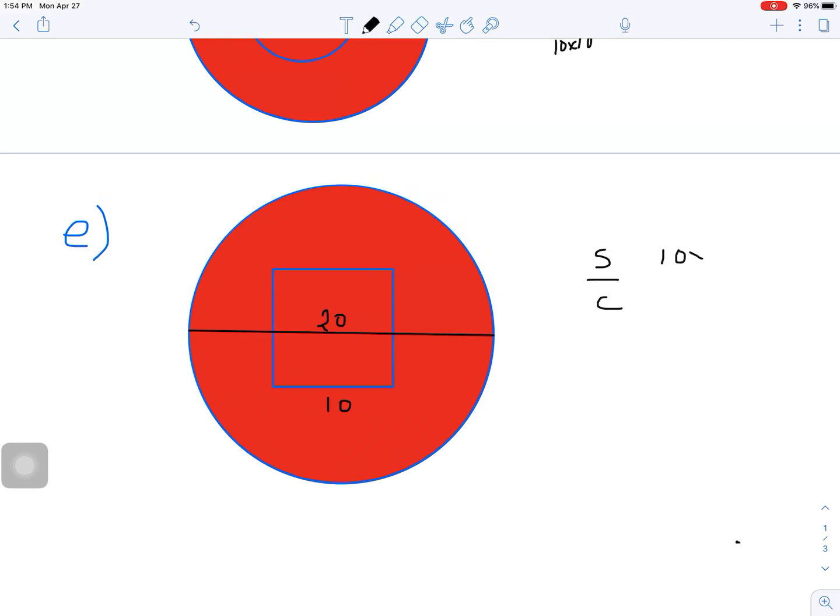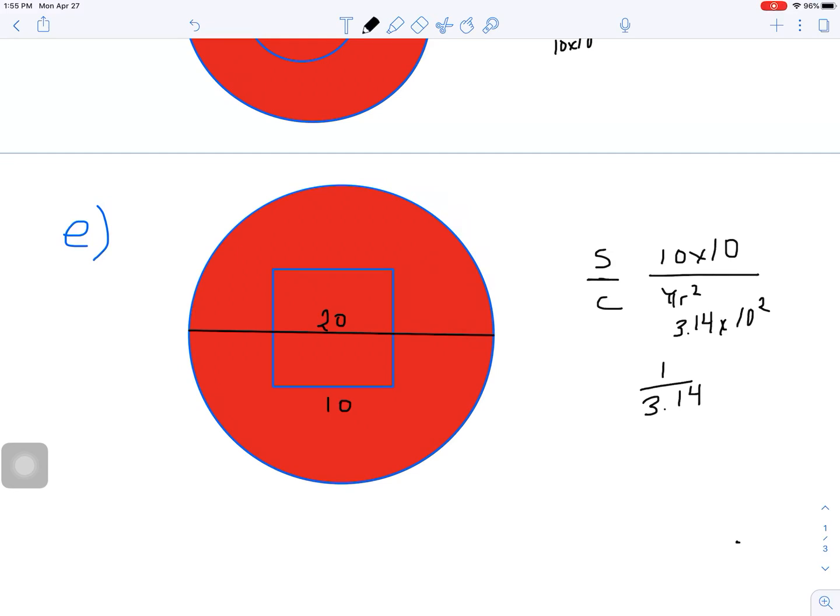So the square would be 10 times 10, and our circle would be pi r squared, so it is 3.14 times 10 squared. So what do we get as an answer? Well, it'd be 1 over 3.14 as an answer of it landing in the small circle.